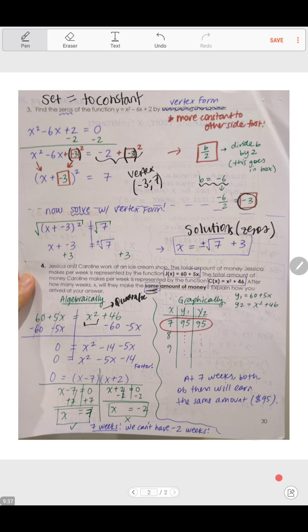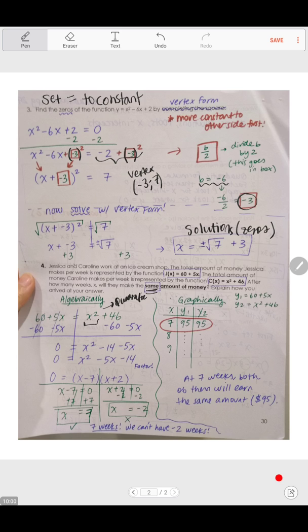I have to use either factoring, the quadratic formula, graphing, or the table, those 4 ways to find the solutions to a quadratic. And when I simplified and got everything onto one side of the equation and set it equal to 0, I got x squared minus 5x minus 14 as the quadratic function that I'm trying to solve.